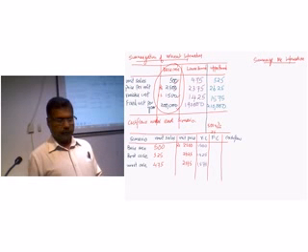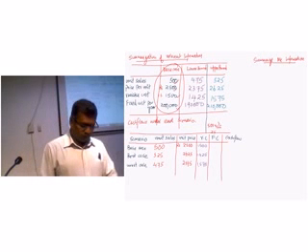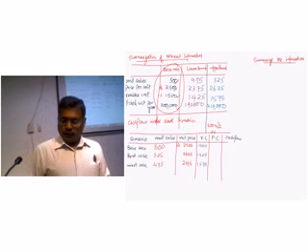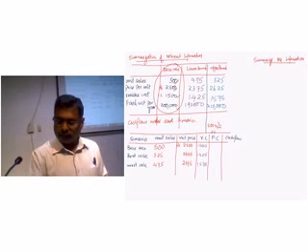Unit price that we have given. Then we go for variable cost, fixed cost.